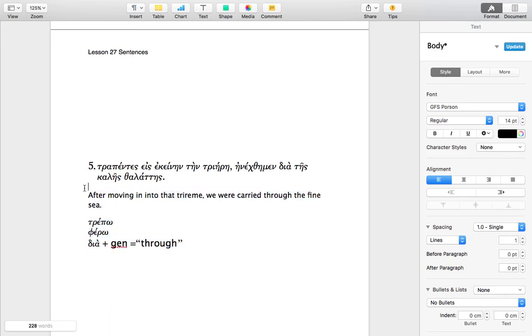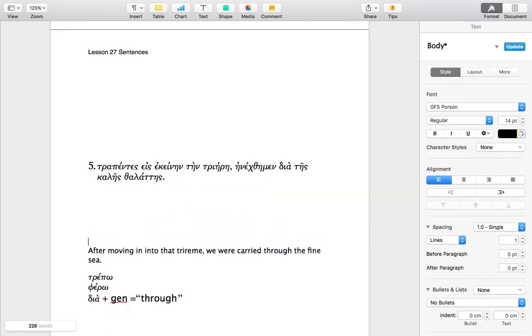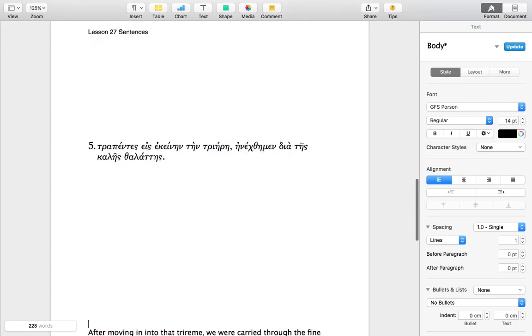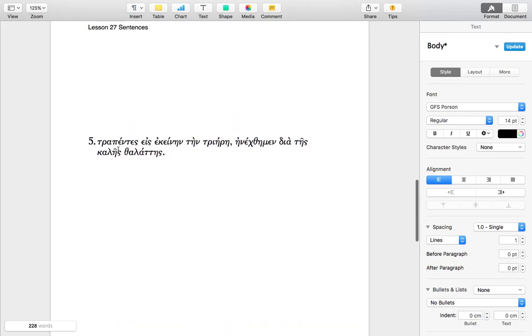Okay, I'll just get rid of this for a second so I can have a nice clean screen. Okay, so sentence 5, clipping along here. Trapentes ek ekeinēs tēs triērous ēnechthēmen dia tēs kalēs thalattēs.